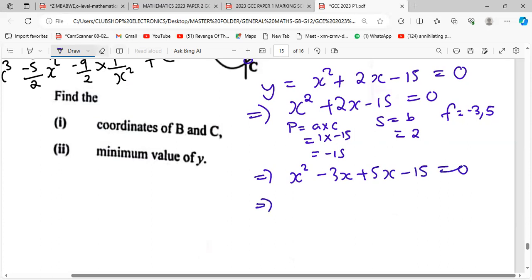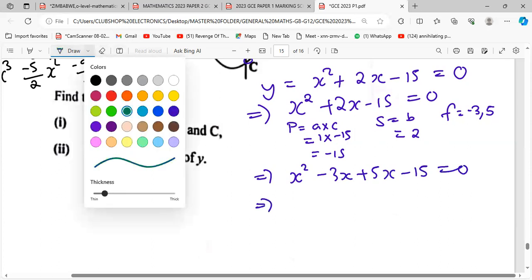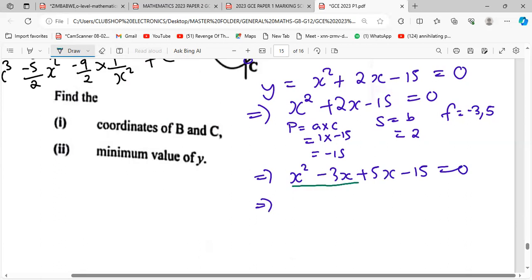Get the common factor. So we need to find the common factor here. x into x² is x, minus 3 into x plus 5. The common factor is x minus 3, so you have (x - 3)(x + 5) equal to 0.